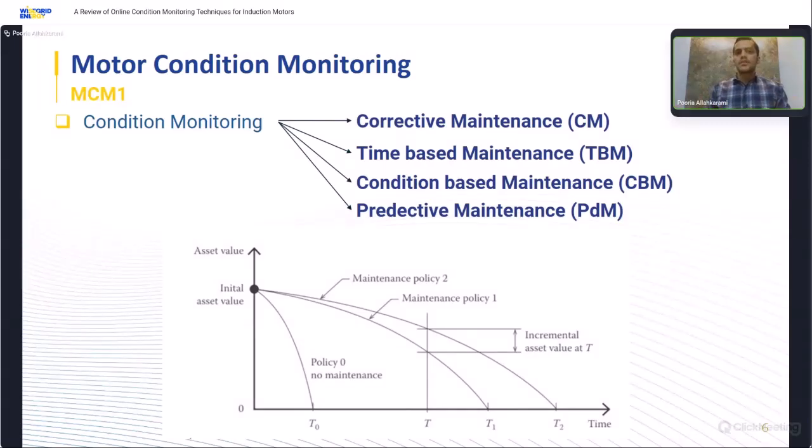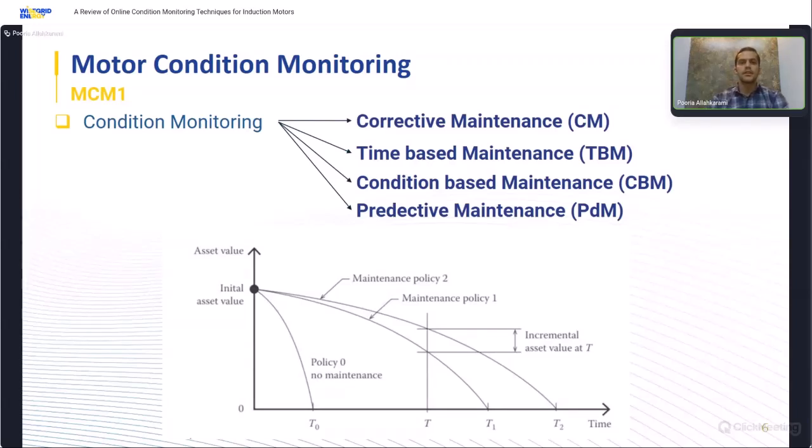So CBM tells us what is happening and how severe the fault is, but it is not enough. The next method we call predictive maintenance, or PdM, is the most advanced form of maintenance method. Where CBM detects the existing problem, PdM steps forward.